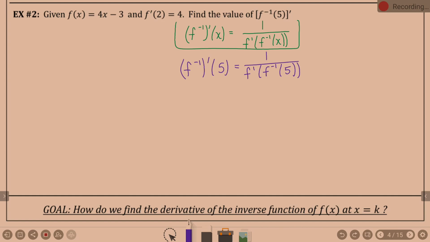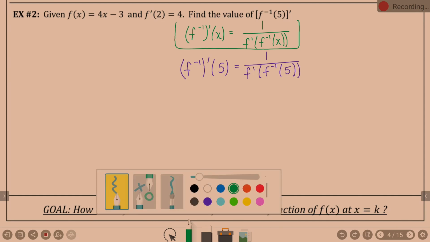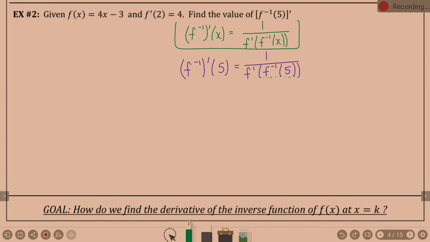Now, if you start on the inside here, what do we have to find? We have to find f inverse of 5. Keep in mind that that is the inverse notation. Normally, f of x equals a number. So, sidebar here: if f of x equals some number, then this is x and this is your y.